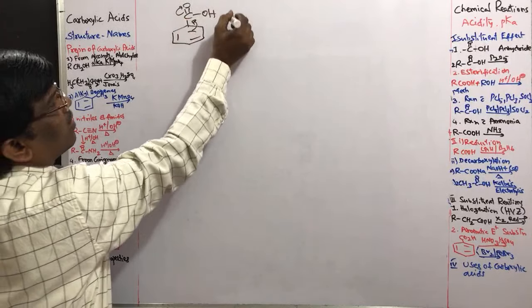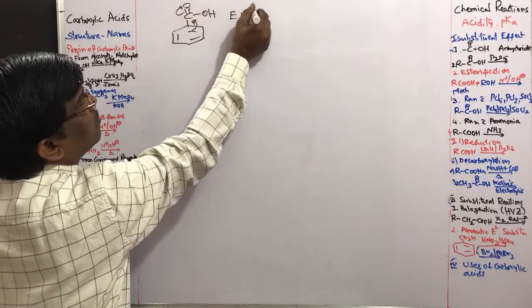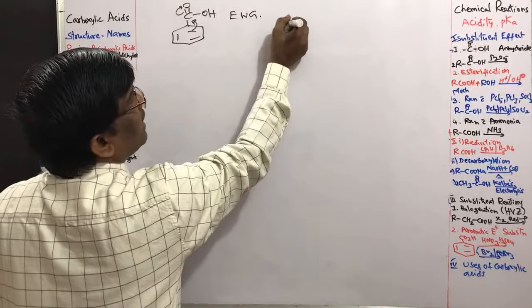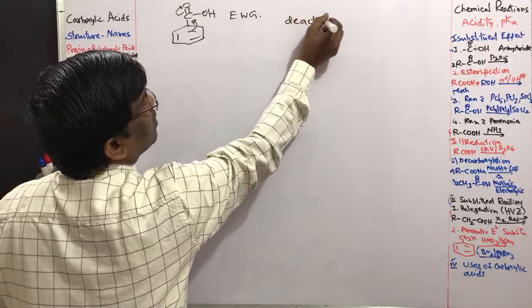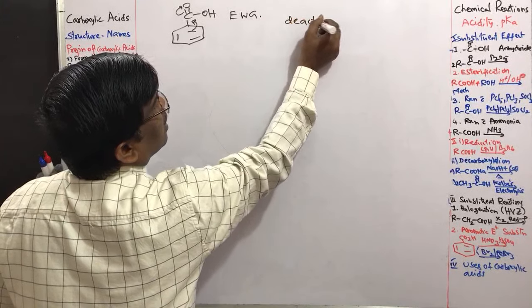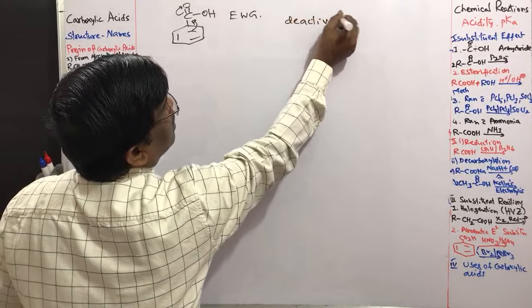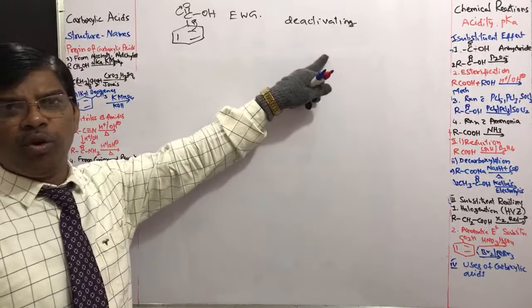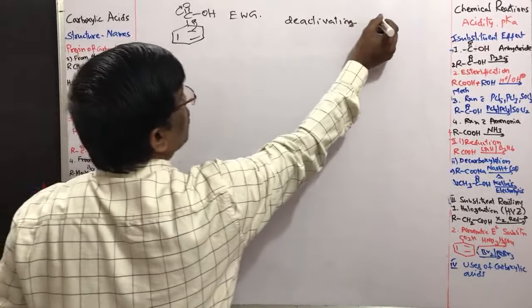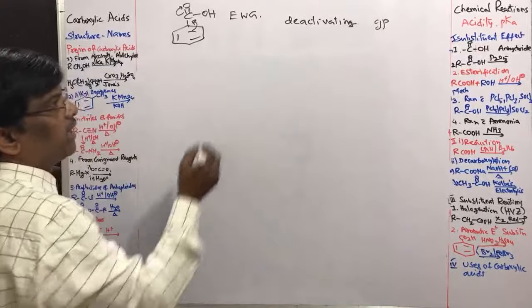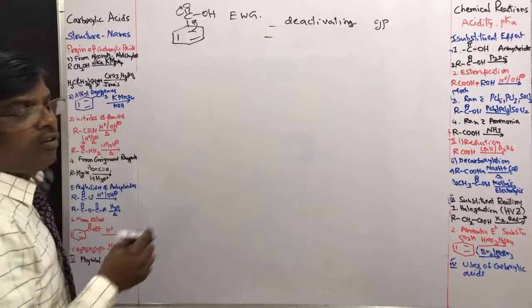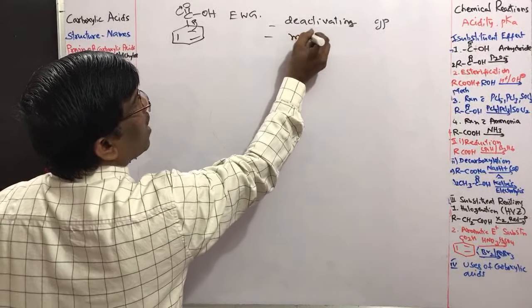This electron withdrawing group is a deactivating group. Electron withdrawing groups are deactivating groups. Deactivating groups on an aromatic ring orient the incoming electrophile to the meta position.